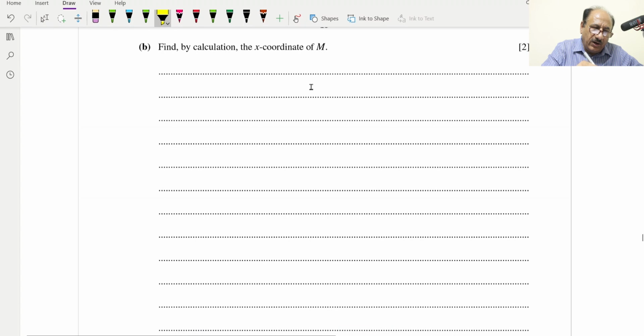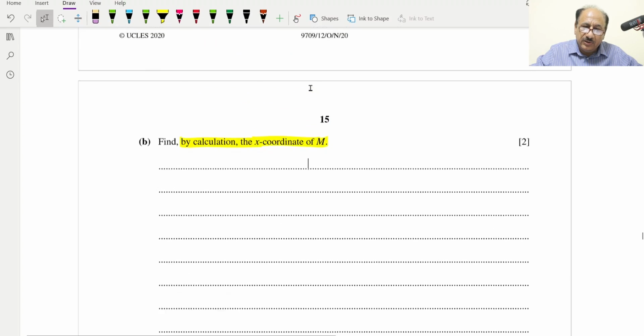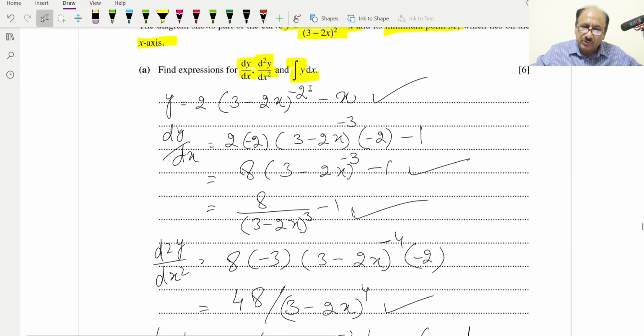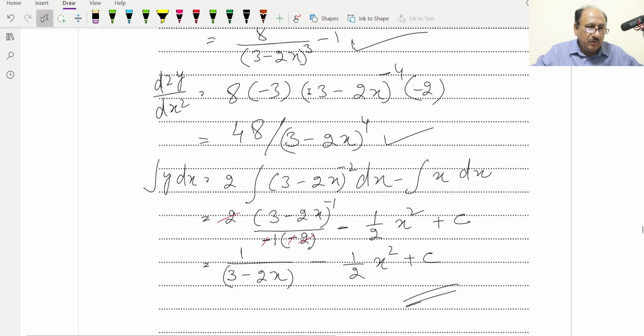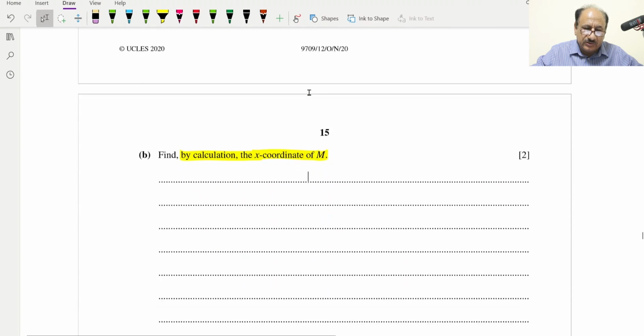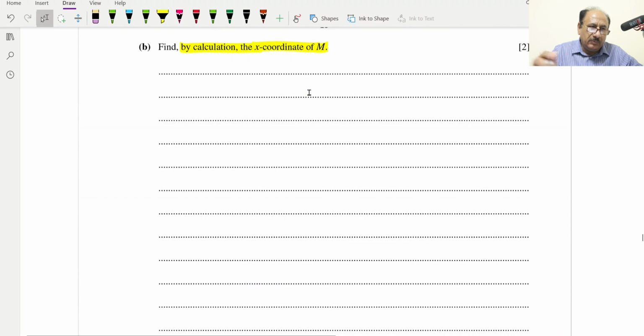Now B part: find by calculation the x coordinate of M. And where is M? M is over here. This is basically on the x-axis, and it is the minimum point. Because this is the minimum point, we will replace dy over dx equal to 0, because the gradient will be 0.